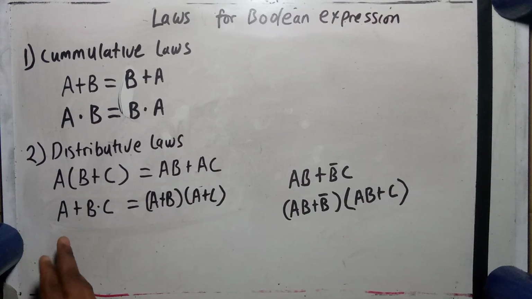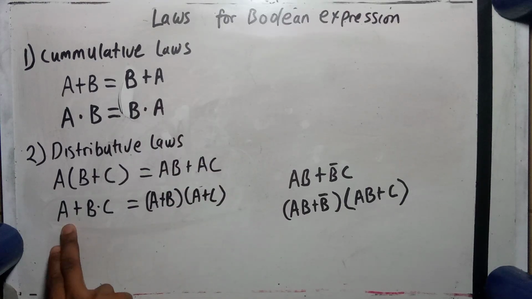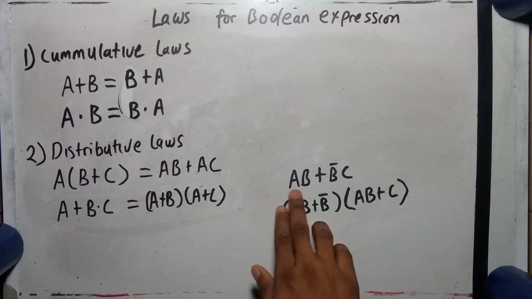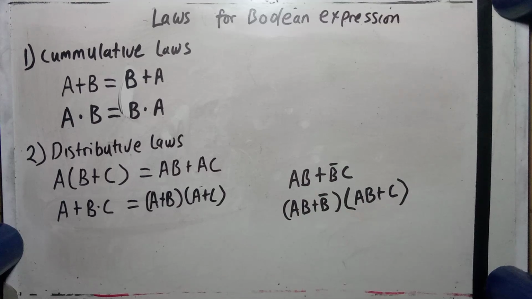This distributive law is normally used to look out for terms that are single on their own. For this one, it's not compulsory that it must be on its own. It can even be two. So what this means is that the thing can also go the other way around.